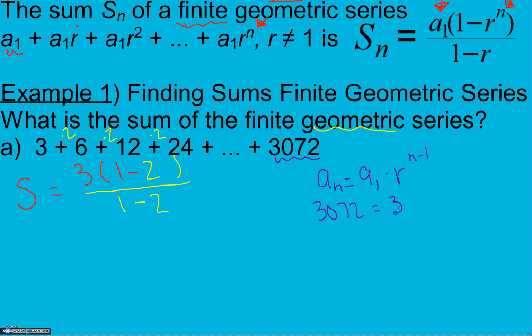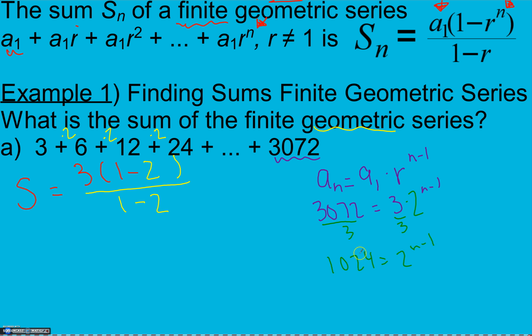We know our first term is 3, and we know r is 2. So go ahead and divide by 3. We're going to get 1024.